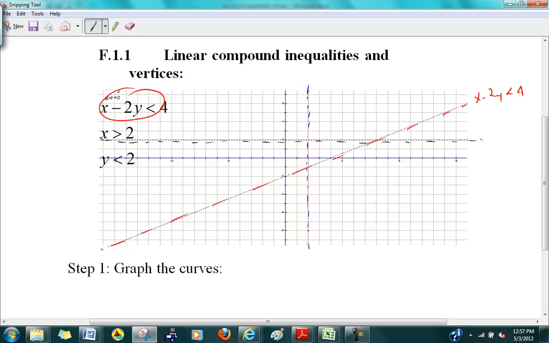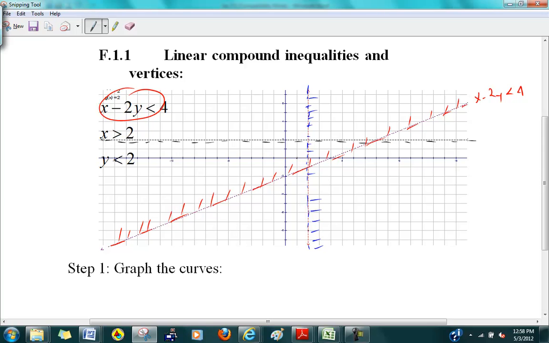You're going to shade for each one of them individually. On the red one, we know it's going to be this one here, which comes from the previous examples. And then for the blue one, it's going to be greater than 2, so it's going to be out here.